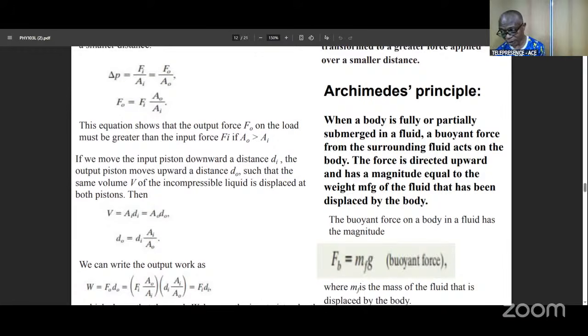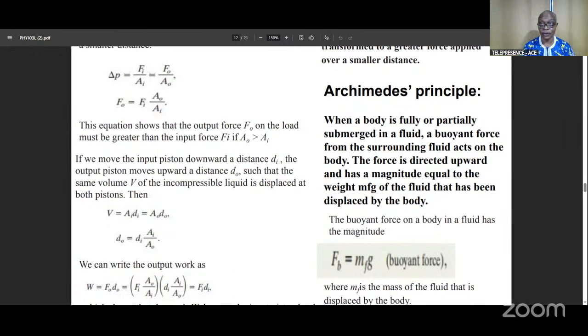There are some cargo planes that can carry armored personnel carriers, that can actually carry armored tanks. You can imagine the tonnage. So it will carry it and lift it up in the air. So it's on the same principle of understanding fluids.